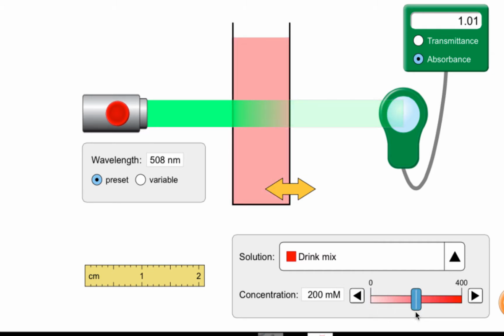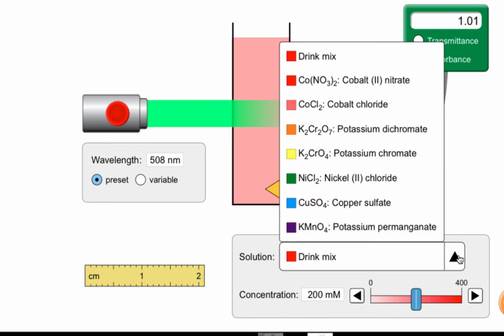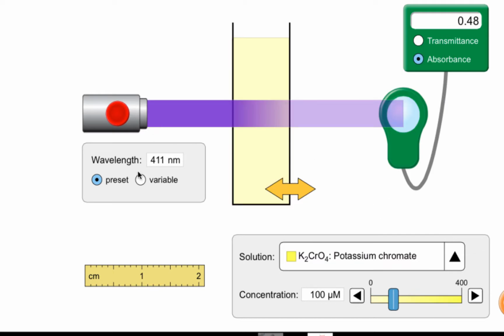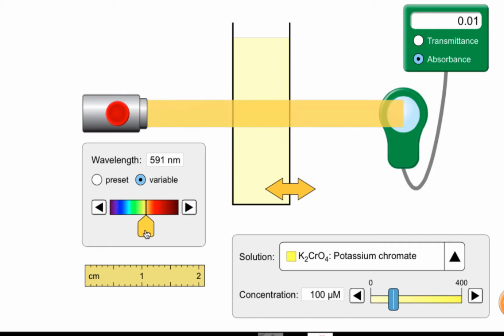Now what's important is you have to pick the right wavelength. So if I pick potassium chromate, which is yellow, I can pick any wavelength I want to. But notice, the yellow light, doesn't matter what I do to the concentration, the yellow light really has no effect whatsoever.